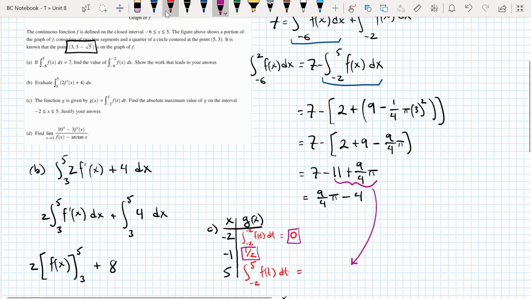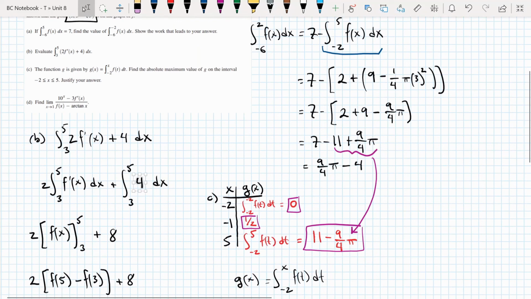Sorry about that. So that's the value we want to use. Minus. So this is the absolute max. We can write it like this: 5, 11 minus 9/4 pi.